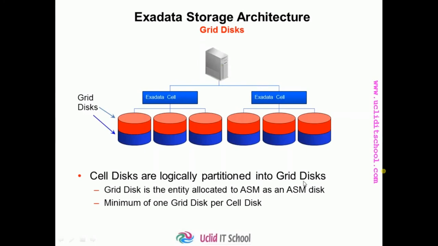How many grid disks? It depends on how many ASM disk groups you are going to implement on this storage. Suppose at ASM level, ultimately you are going to create two disk groups. Then on every cell disk, you create two grid disks only.